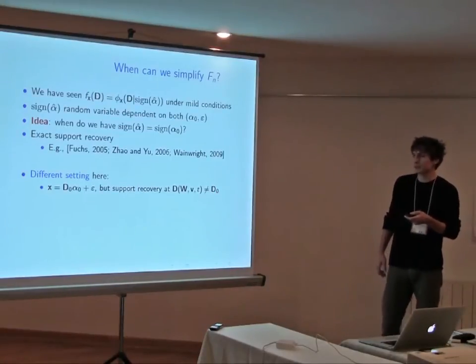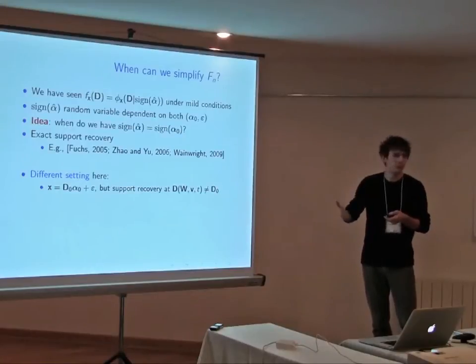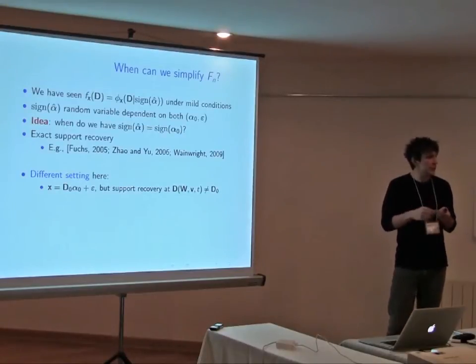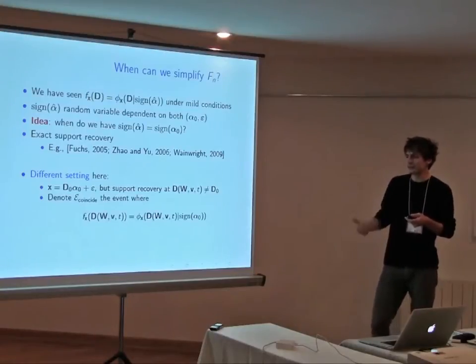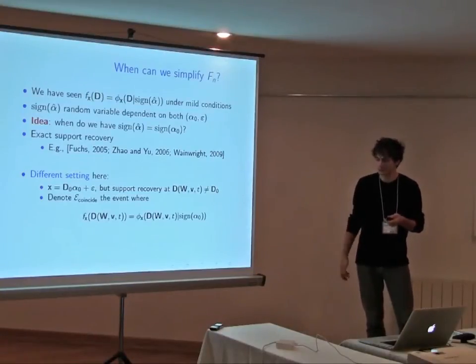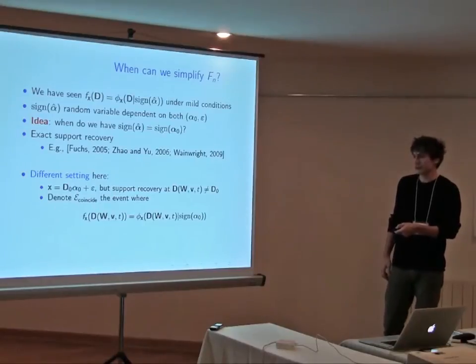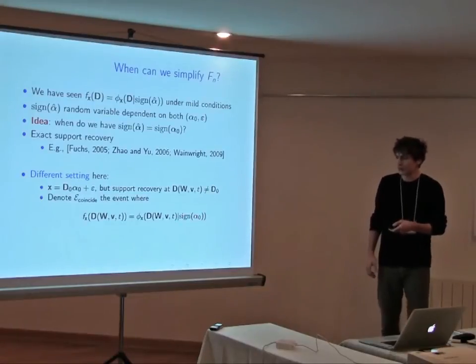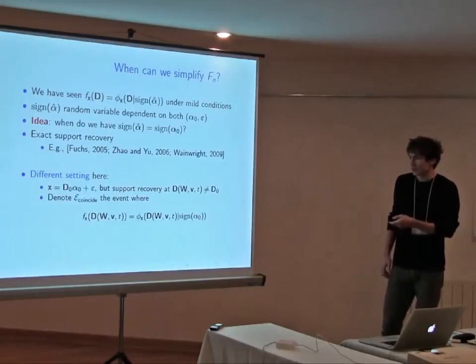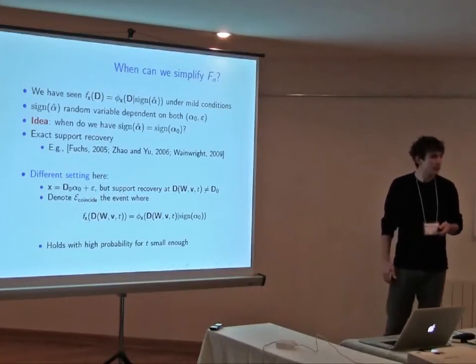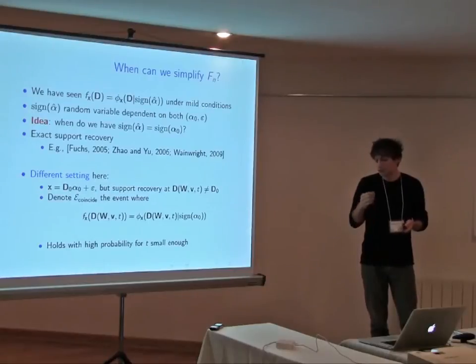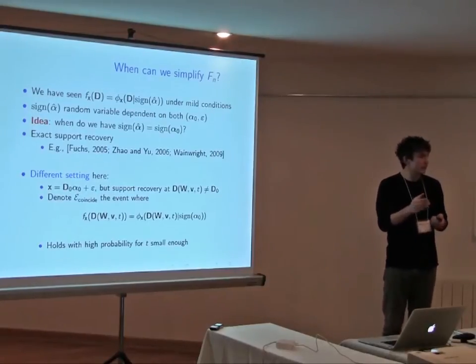And what this means is that we will have to extend exact support recovery to take into account this dictionary perturbation. And so if we introduce this event E, where the function of interest coincides with the surrogate function, this time indexed by the sign of the true generating coefficient, it turns out that we can show that this event happens with high probability, provided that the perturbation tau is small enough.